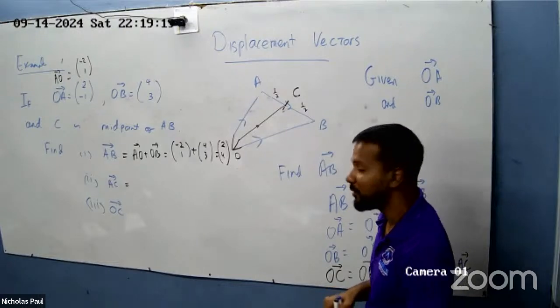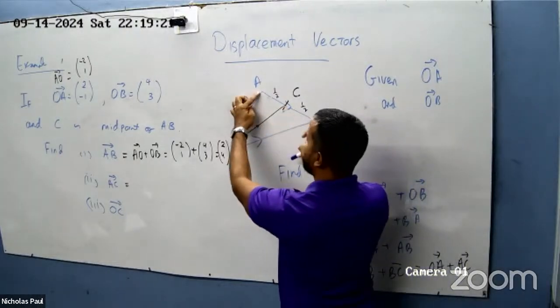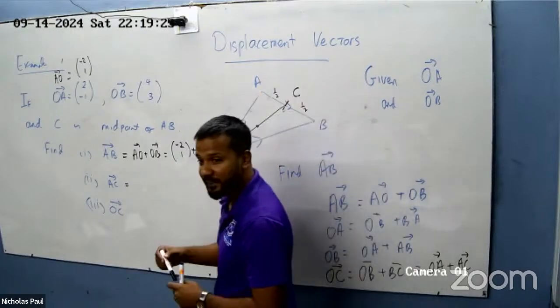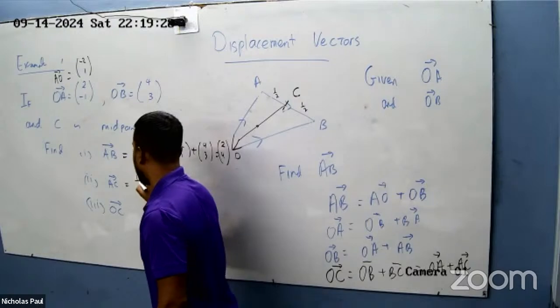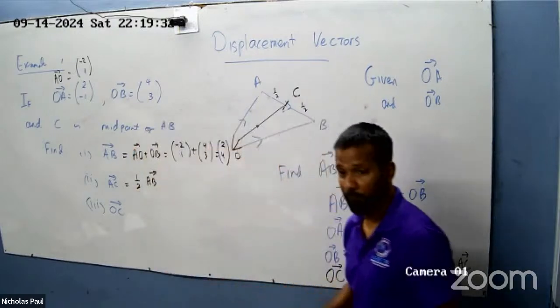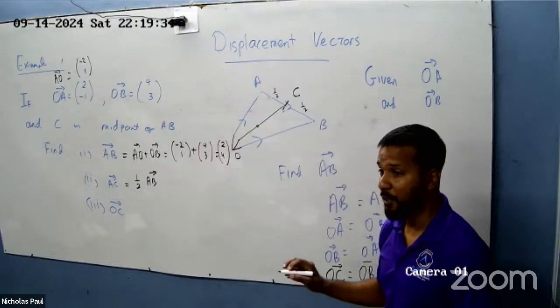You sure? So AC is half of this whole line. Correct? So I am writing that here: 1/2 of AB. You okay with that? Everybody okay with that?